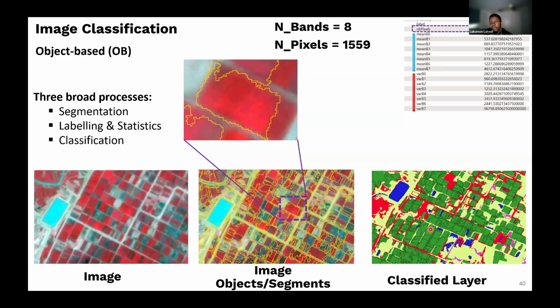So you can see here the result of the classification. It follows the shape of the segment. This is actually better if you are dealing with features that are very large, like boundary extraction, crop field boundary extraction, building detection, and maybe crop or tree classification.